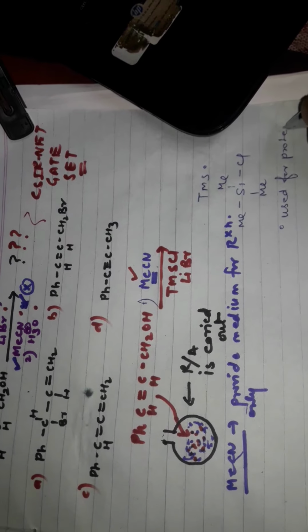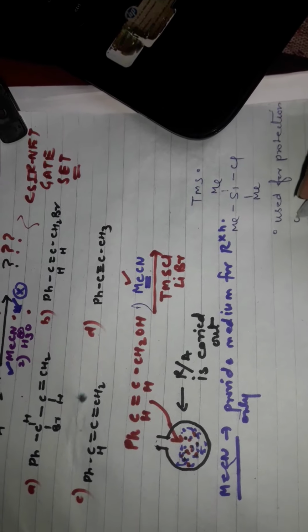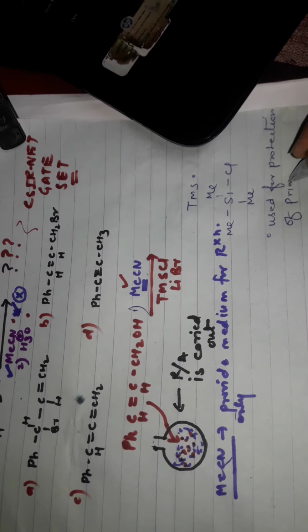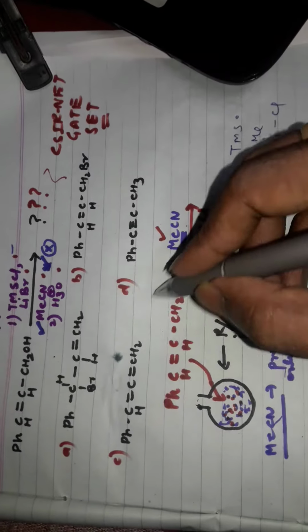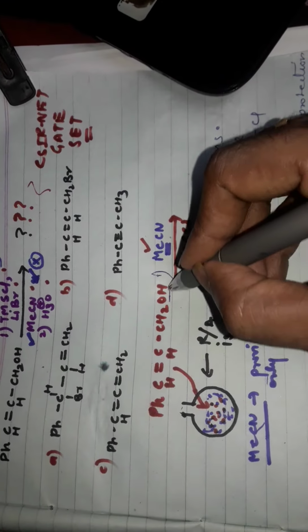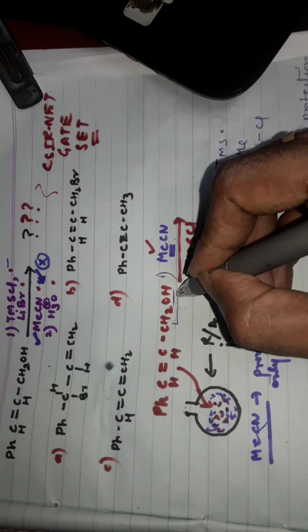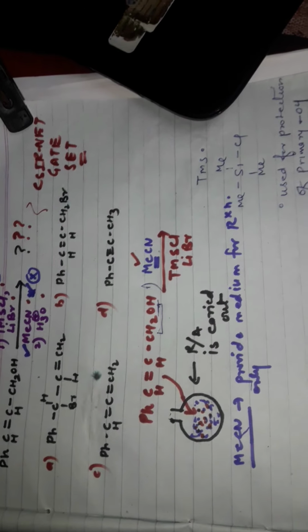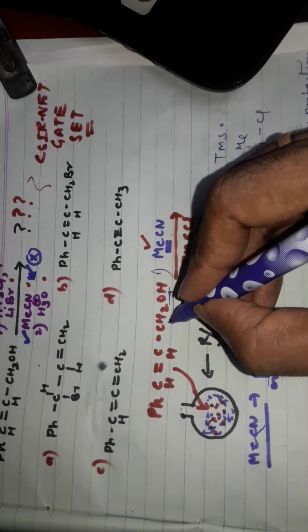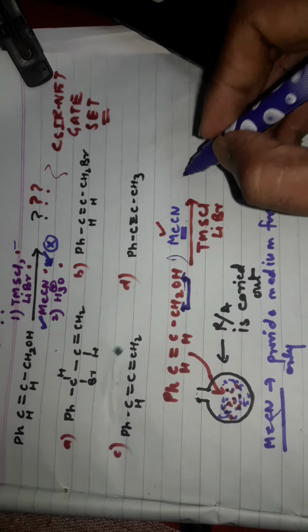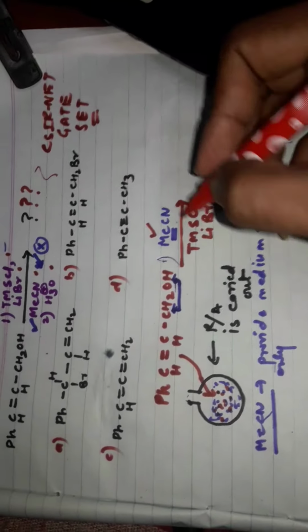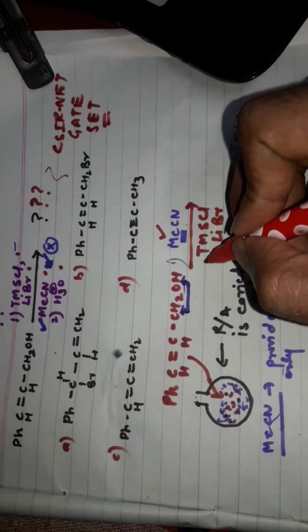It is used for protection of the primary alcohol. In this reactant, if you see, there is a primary alcohol, this one. So what will happen when you add TMS chloride?